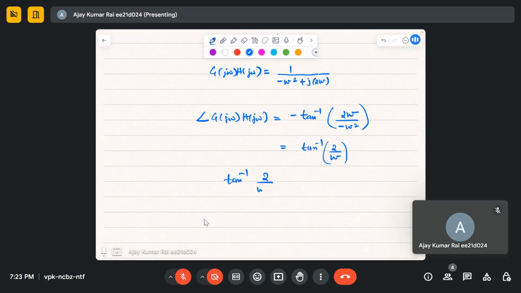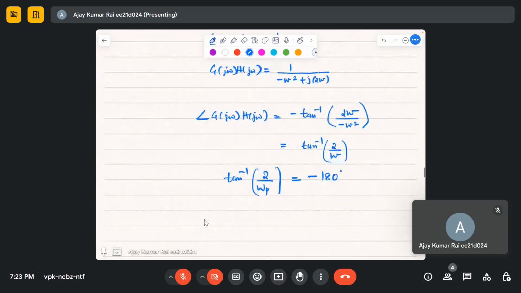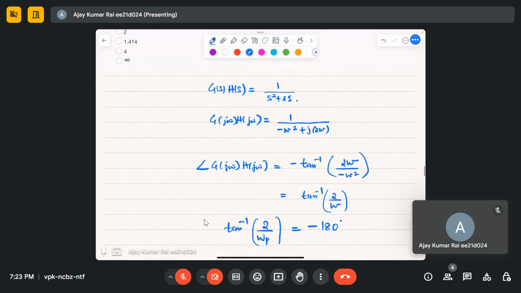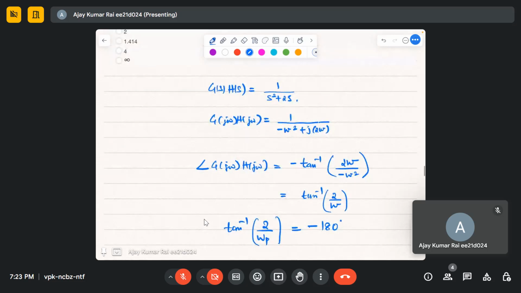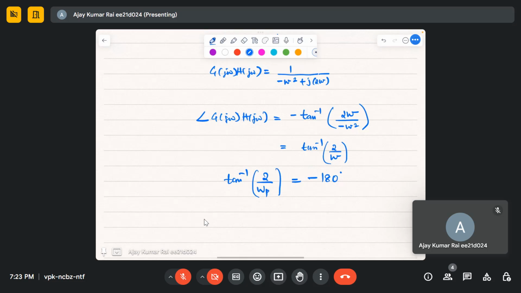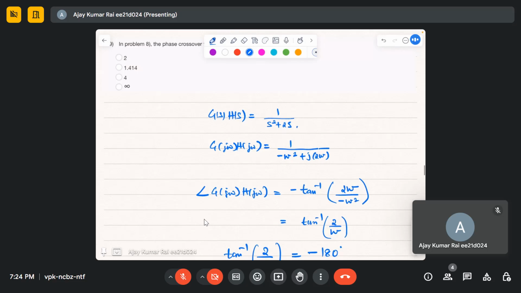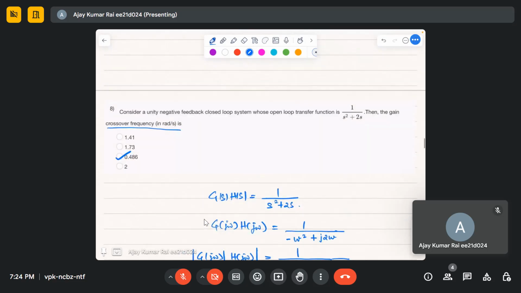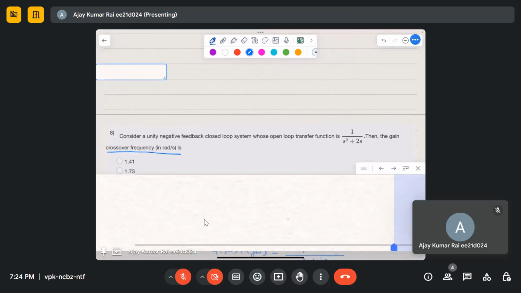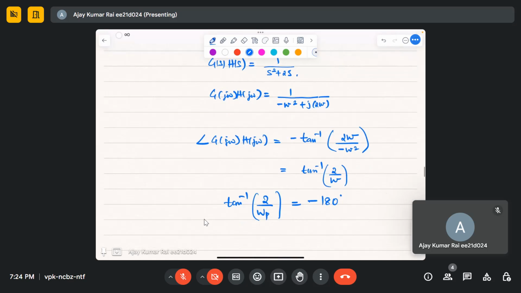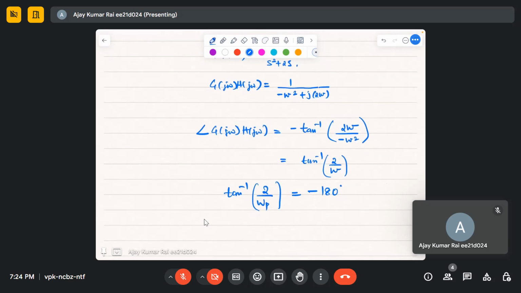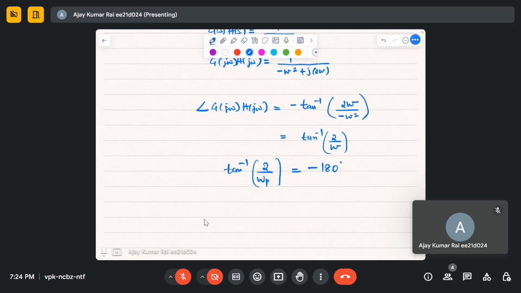So at the phase crossover frequency omega p, this phase becomes minus 180 degrees.